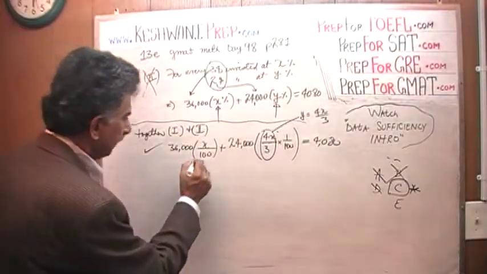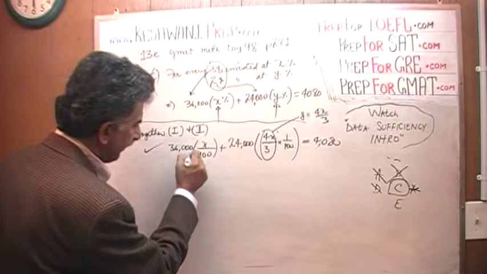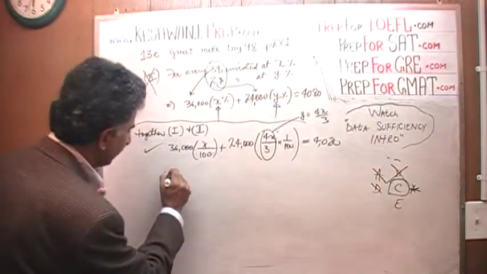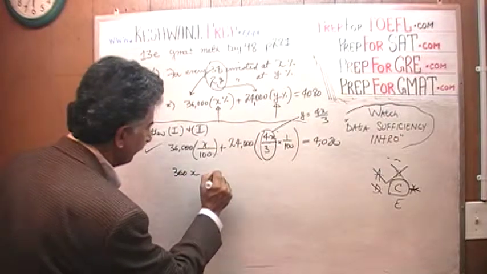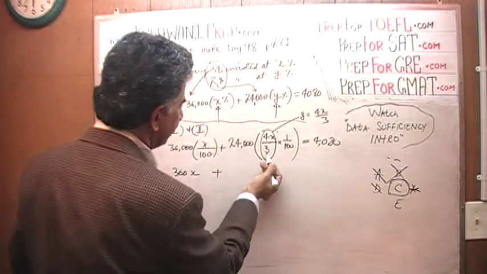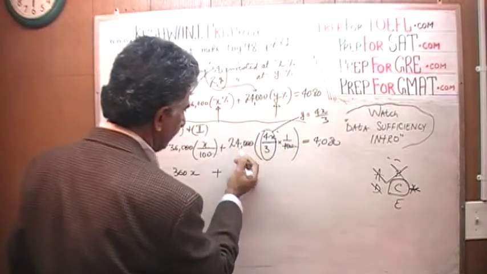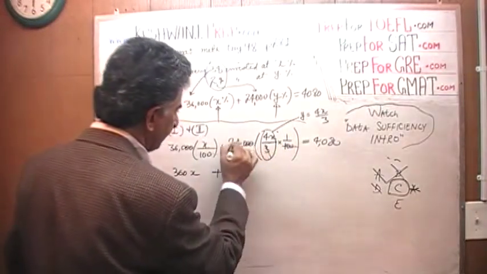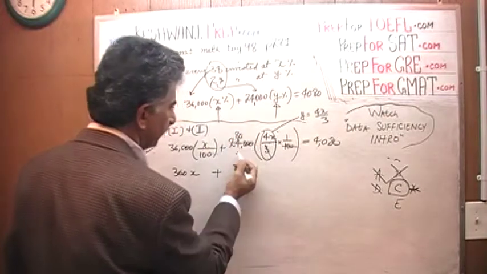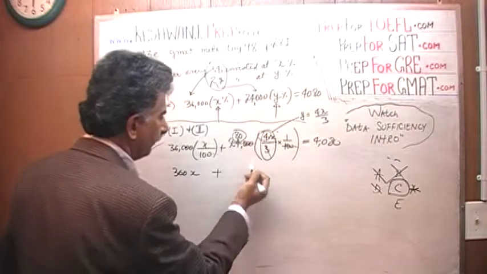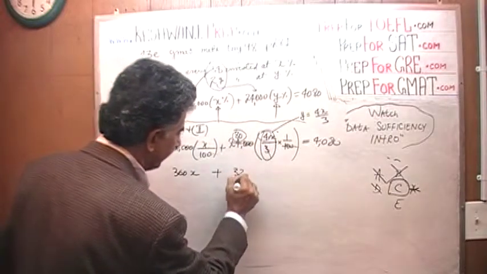It's not that bad. So if you divide the top and bottom by 100, the two zeros drop out and these two zeros drop out, so it becomes 360x. And here I see a 3 and here I see 24. First the two zeros cancel out, it becomes 240. 3 drops out with 240 and becomes 80. So it's 80 times 4. 80 times 4 is 320.